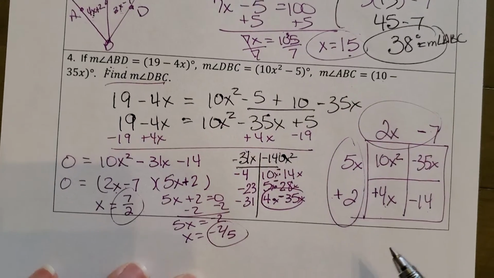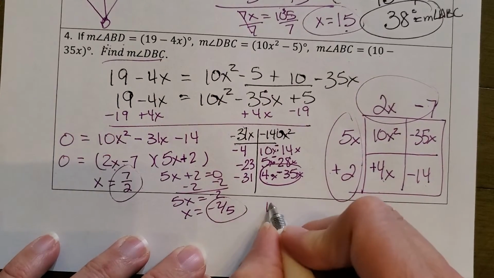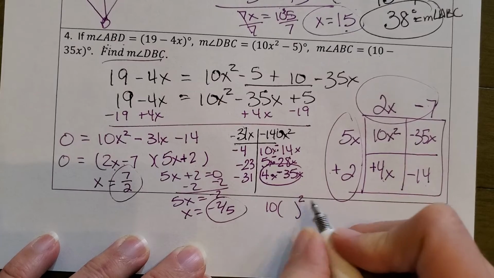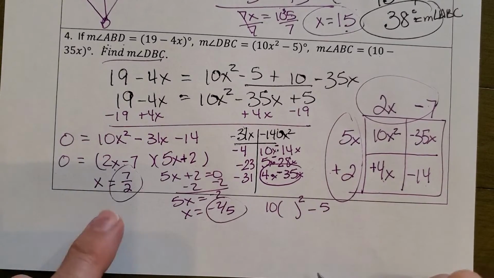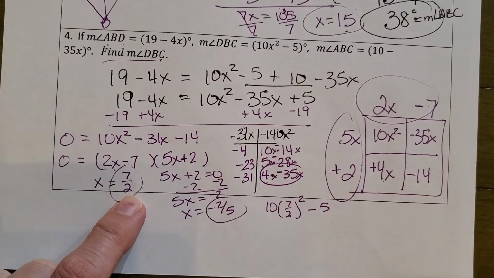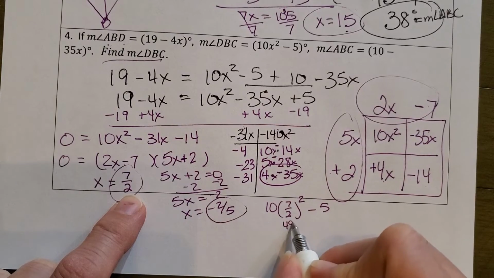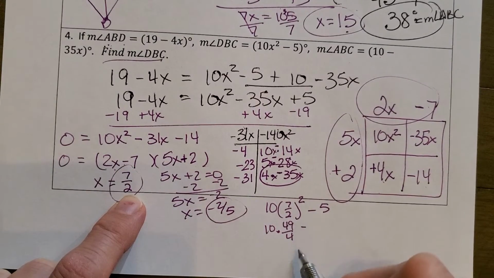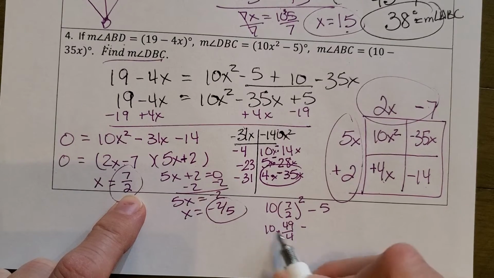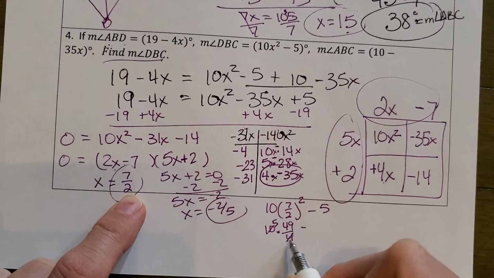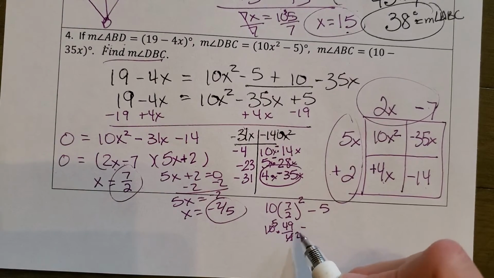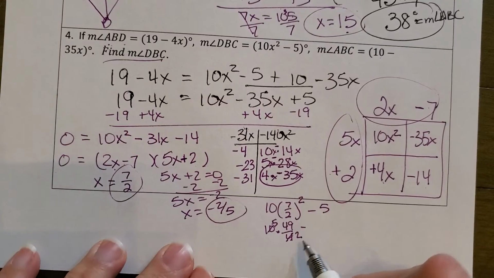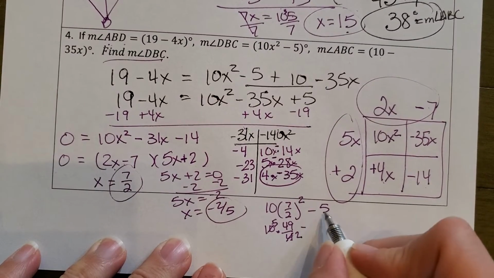All right, and I'm running out of room. So DBC is 10x squared minus 5. So first I'm going to try the 7/2. 7/2 squared is 49/4. I'm going to multiply that by 10 and then subtract 5. But I'm going to reduce this first, so that they're both even, so that means I can reduce by dividing both of those by 2. And I end up getting 5 times 49 over 2 minus 5.